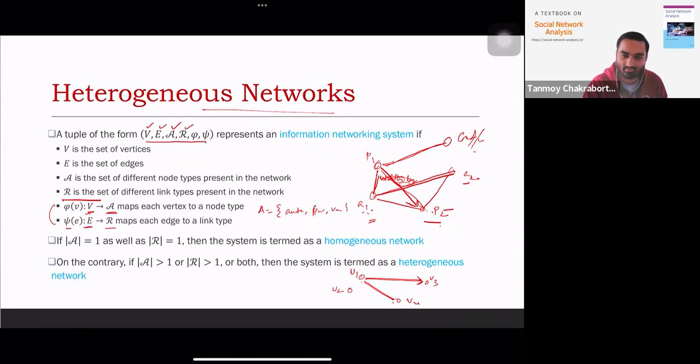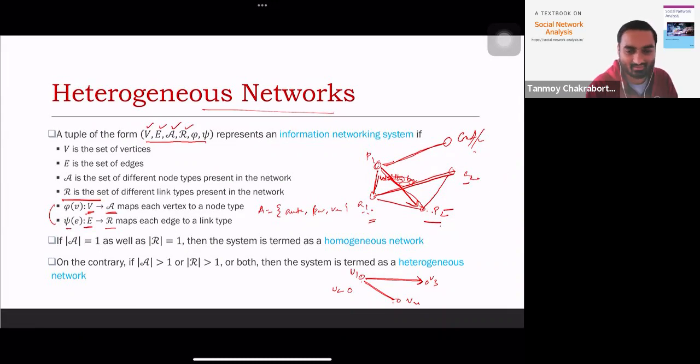Gradually, as we move along, we will see that it is exactly the same as the entity relationship model. Therefore, when this heterogeneous network concept was proposed in the network science community, the database community started saying, look, this was invented 30 years back, so don't call it a heterogeneous network, just call it an ER diagram. Anyways, there was a debate in 2011 that this is not a new concept.